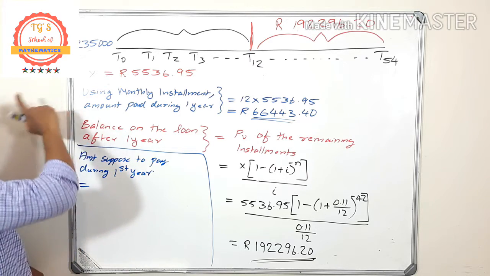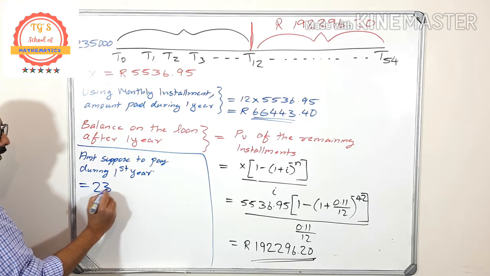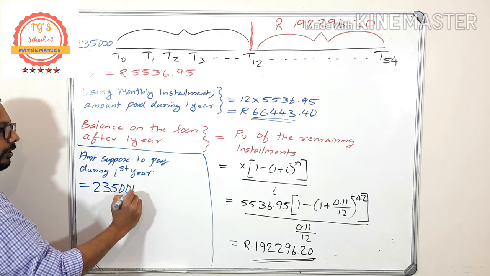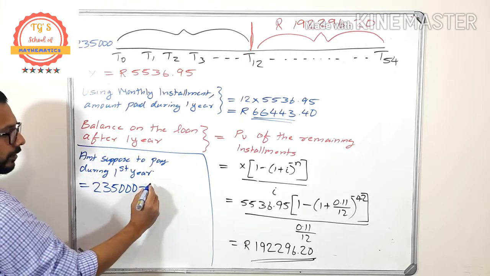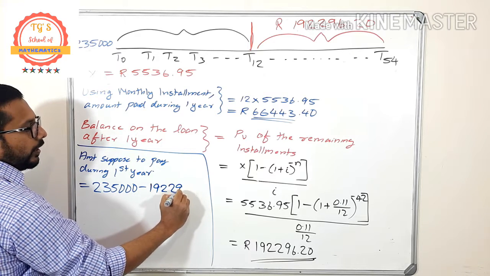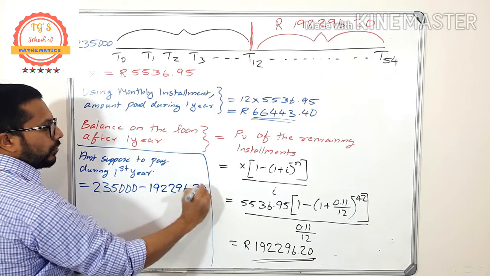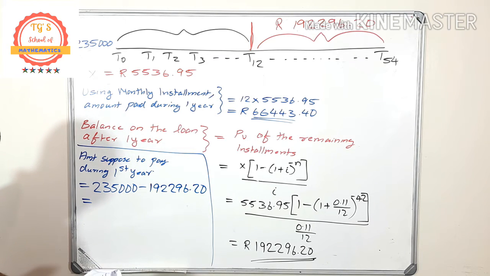The total amount he borrowed, 235,000, minus, after 1 year, the outstanding balance, 192,296.20. Check in your calculator. What is the answer?